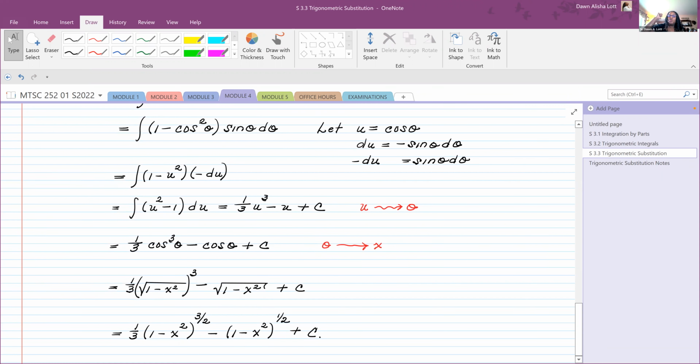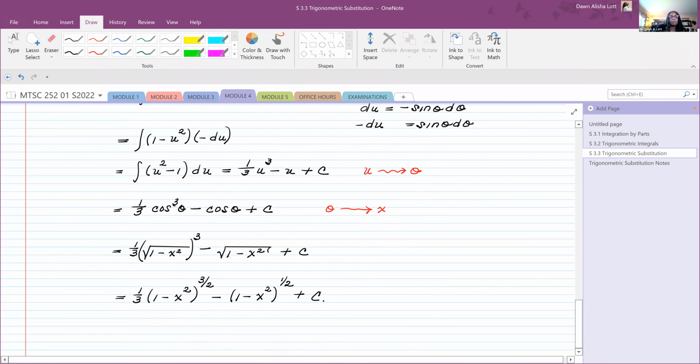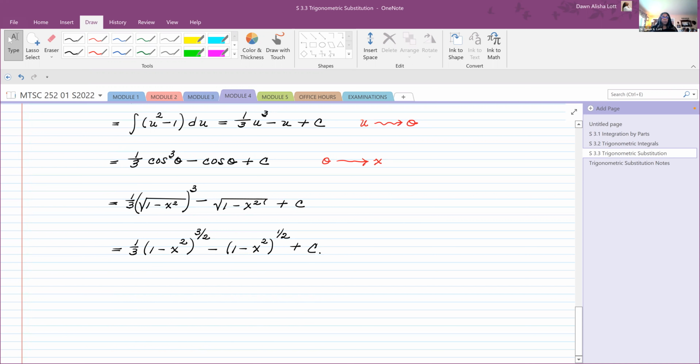Now I got to take u and go back to theta. So I put in what u is. Then I have to take theta and go back to x. So in the place of cosine of theta, I put the square root, and this is my answer.